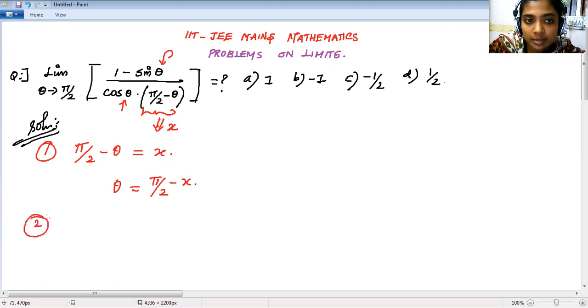My second step is I have to change my limit, because all the variables are in terms of x in my question.